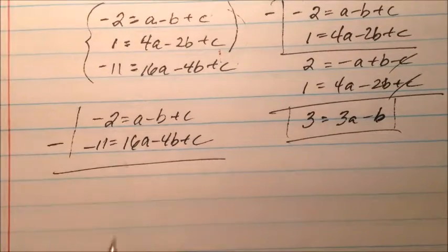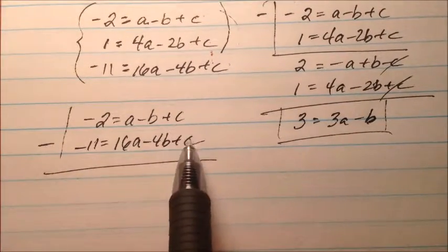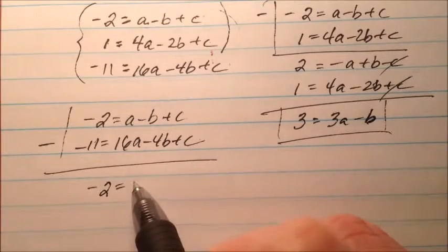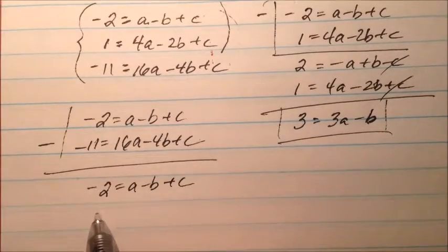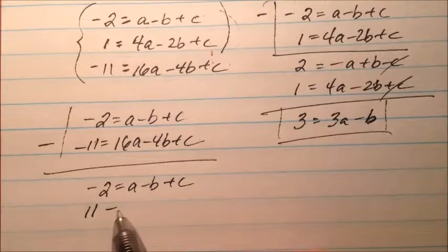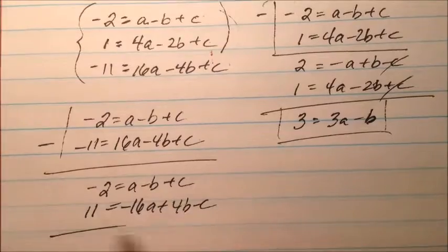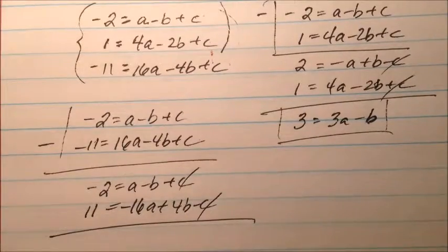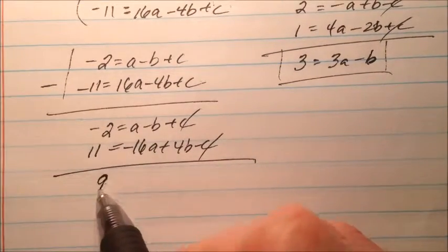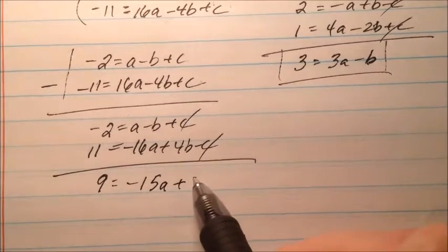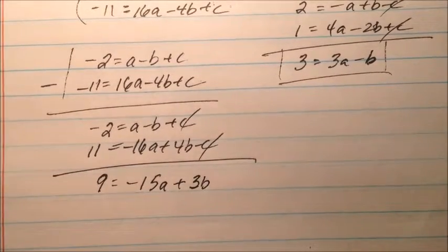And again, I'm going to run a negative through to have these c's have opposite signs. So my first equation is unchanged, and my second equation now will have all different signs. So again, my c's cancel out. So 9 equals negative 15a plus 3b.